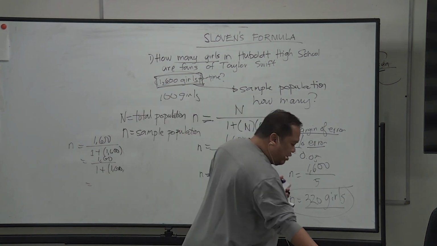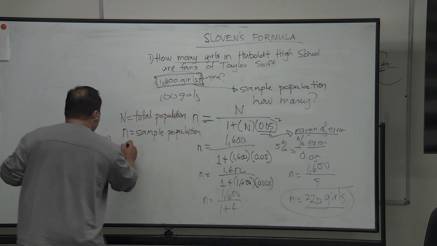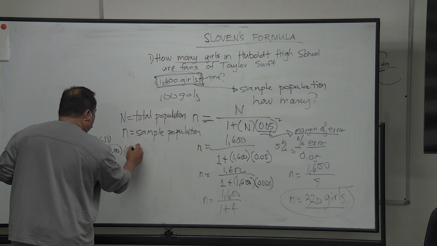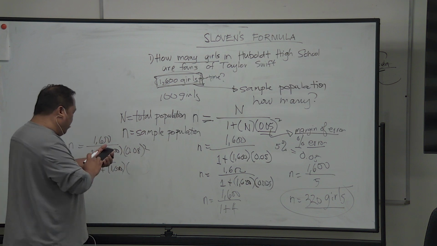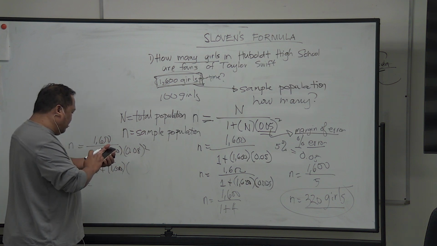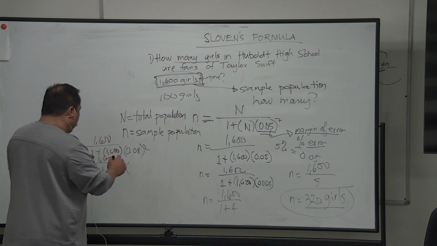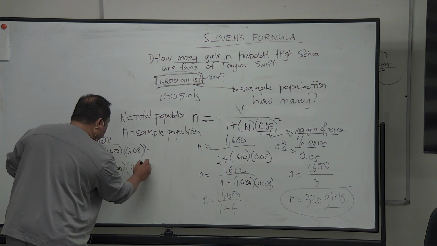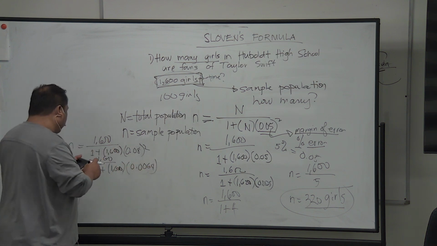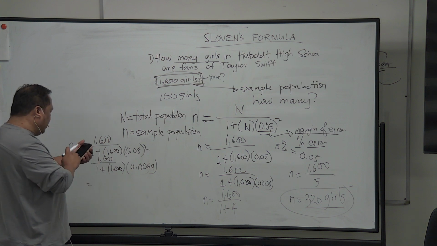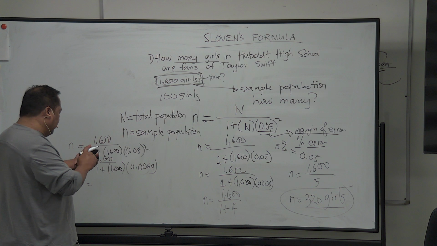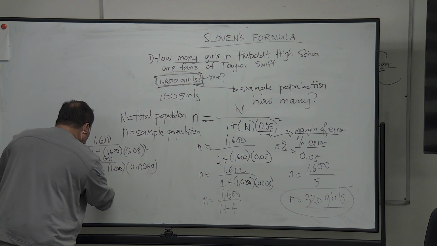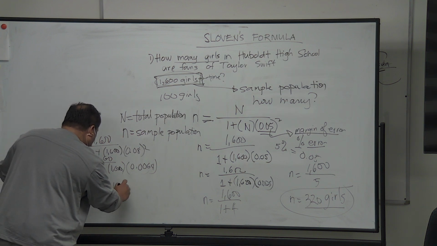Since we're going to increase it to 10%, let's just say 8%. 0.08 squared is equal to 0.0064. So 1,600 times 0.0064 is equal to 10.24. So 1 plus 10.24.